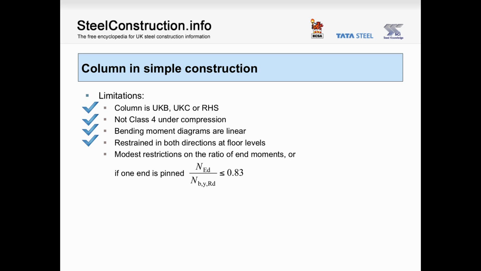Our final limitation is that because we have a pinned connection at the bottom of this column at the base level, we need to satisfy this ratio that the design axial load divided by the axial resistance in the major axis is less than 0.83.